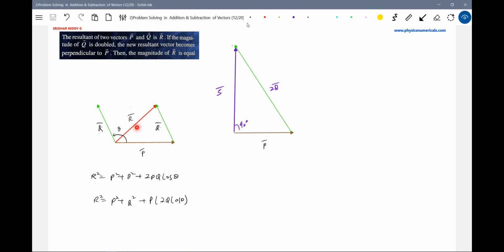Then how much is R equal to? So this 2Q vector should be here. You're going to bring it here. This is the vector P bar. 2Q bar is here.